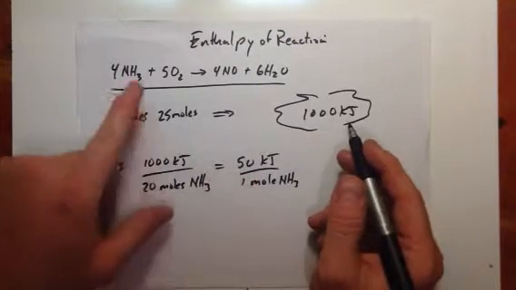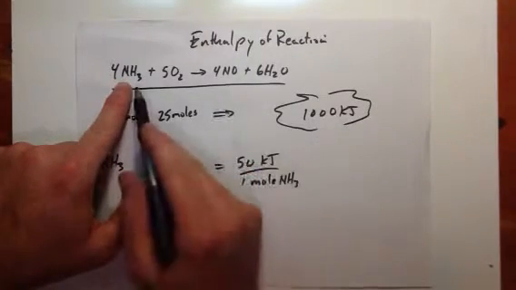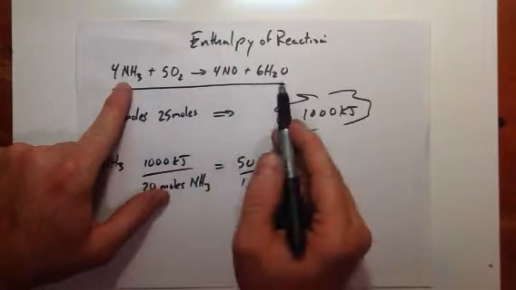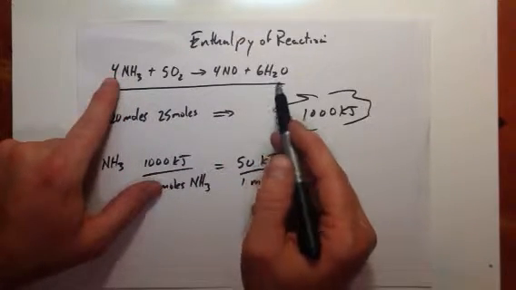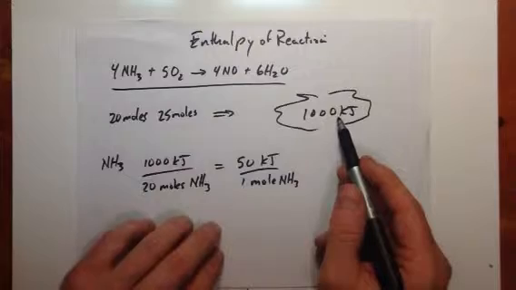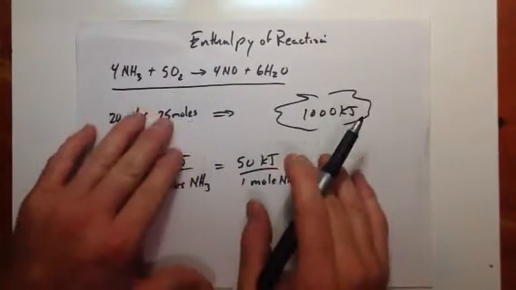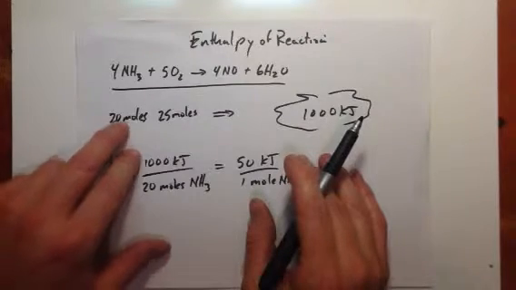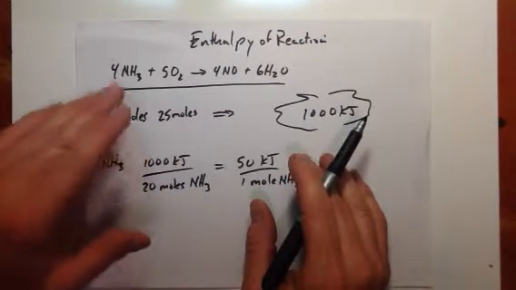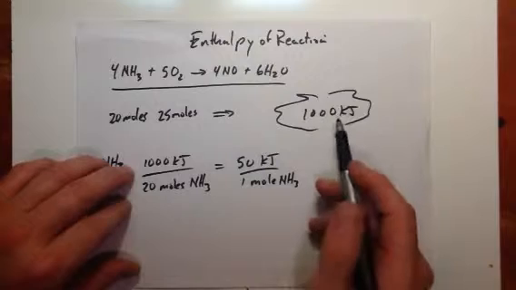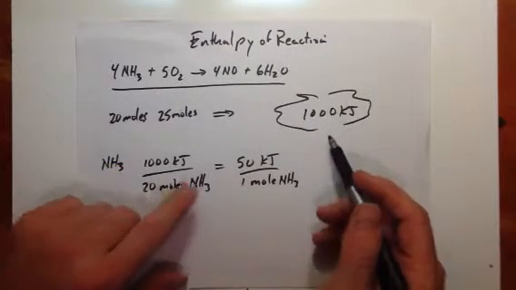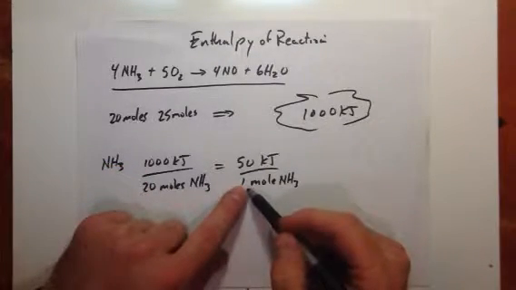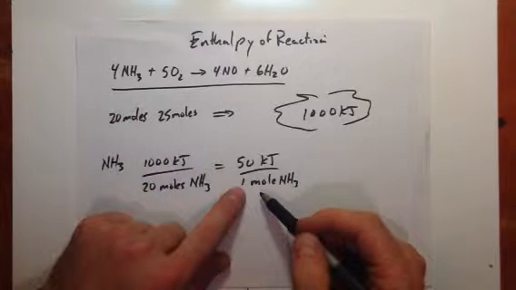Now I notice, though, that the reaction doesn't use just 1 mole of ammonia in this balanced reaction. It uses 4 moles. So all I need to do, once I've taken the total heat of a reaction given some amount of these two reagents, picking one of those, if we have that as our limiting reagent and that's all consumed, we would divide the total heat by the total moles, look at the coefficient and say, oh, I need to have that down here.